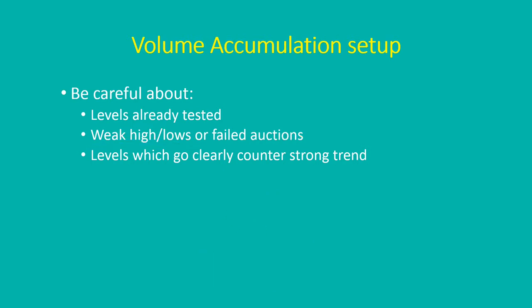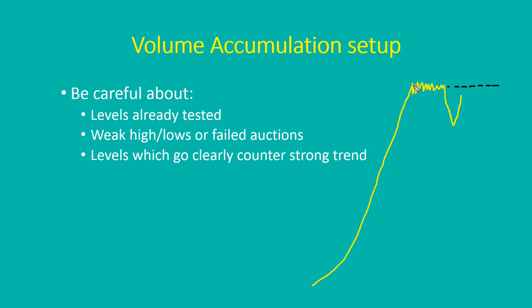The last thing to be careful about is the levels which go clearly counter strong trend. Meaning, if there is a strong uptrend, then there's some rotation and some selling activity, not strong but only moderate selling activity, moderate downtrend, and then the price quickly reverses, and let's say this is the level.